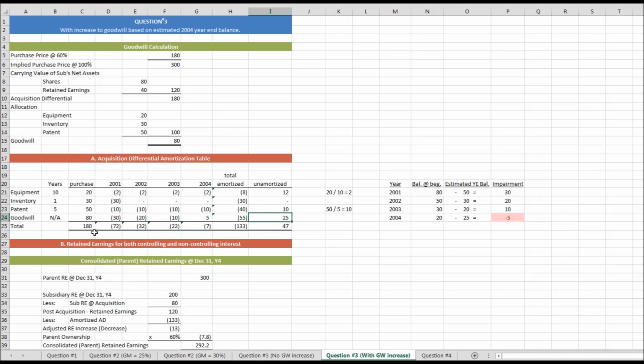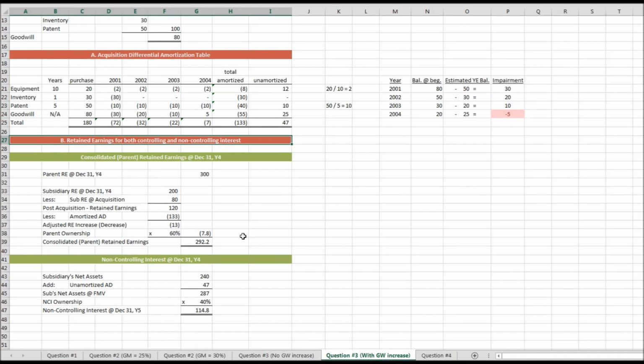All right, so now we're going to move along to part B, and we're going to discuss how we calculate our consolidated retained earnings as well as our non-controlling interest. We're going to start with consolidated retained earnings. So our retained earnings from the parent, pulled right from the question, is 300 right here.